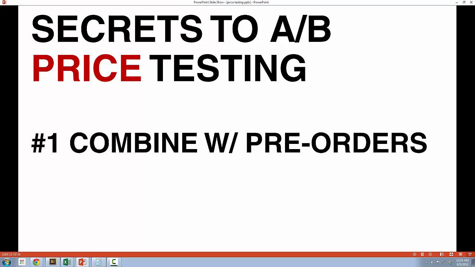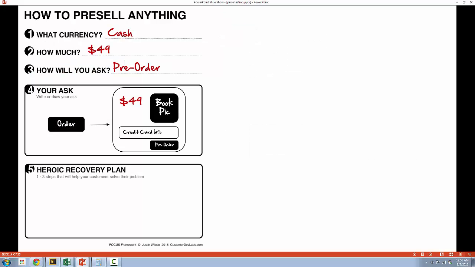And the secret to A/B price testing is to combine it with your pre-orders. So you want to be basically price testing on your pre-order page. So when we took the how to pre-sell anything worksheet, you had a certain price that you were asking for, and then you had your recovery plan, all that kind of good stuff.